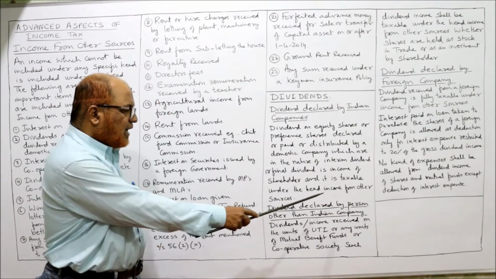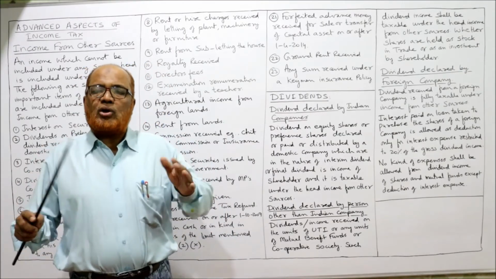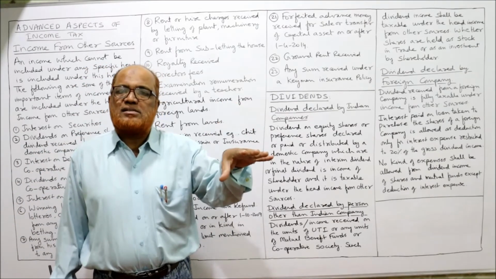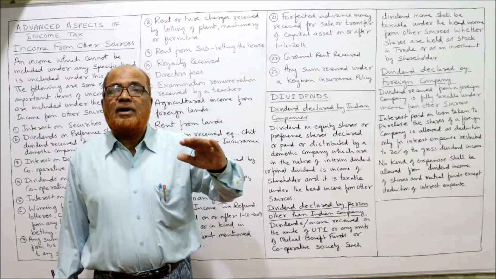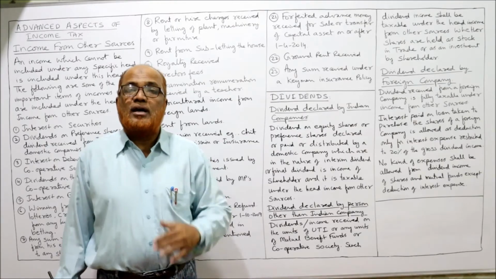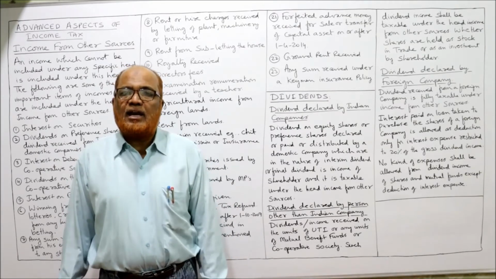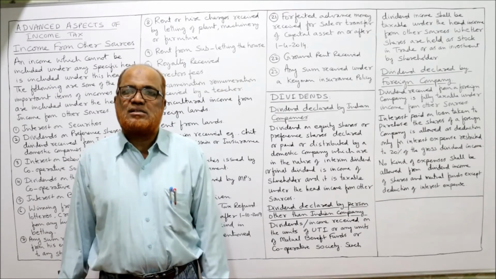Now, dividend declared by a person other than an Indian company. Dividend is not only declared by companies, but may also be declared by any other institution or organization. For example, the dividend declared by UTI, the dividend declared by mutual funds.